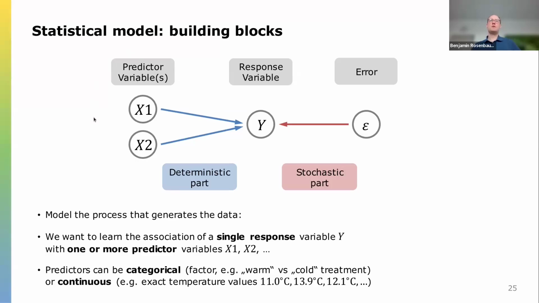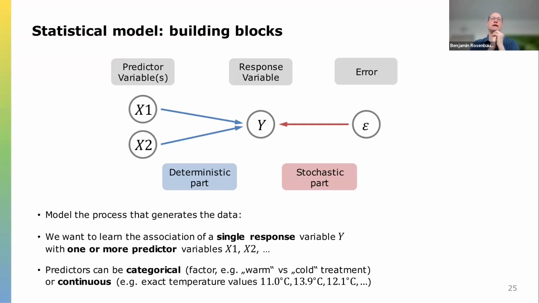Yeah, so our predictors here constitute the deterministic part of the model. Deterministic means that once I have fit the model, I have a function that generates predictions from these predictors. These predictors themselves can be categorical or continuous, right?